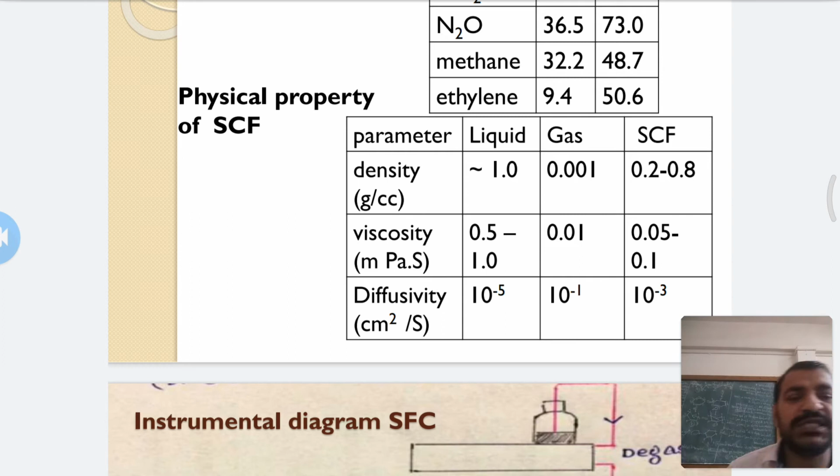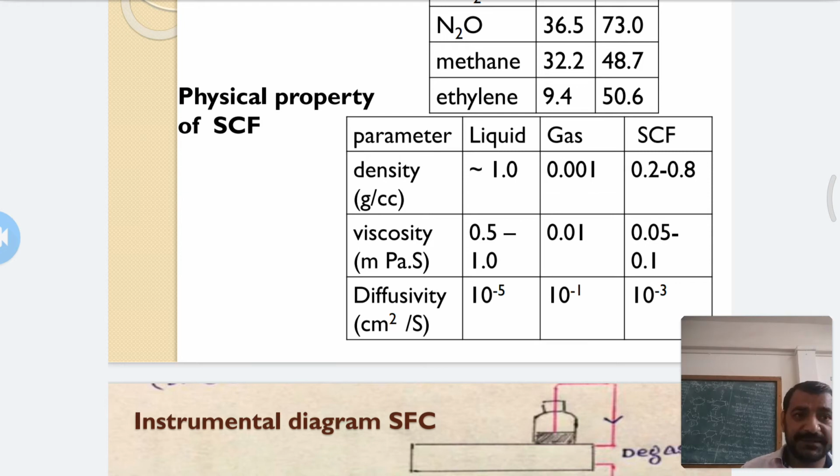If carbon dioxide is present in the liquid phase, its density is near about 1, and in the gas phase its density is 0.001.